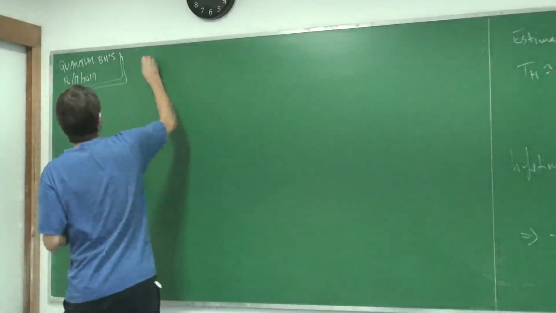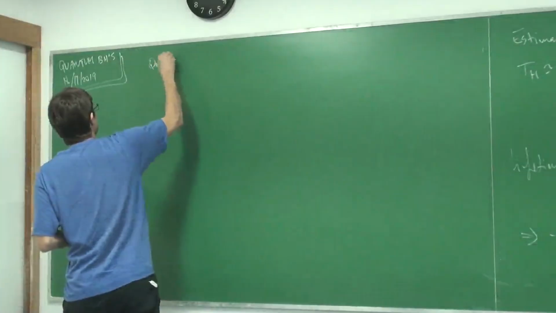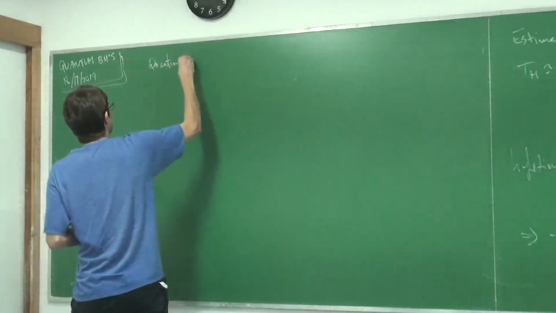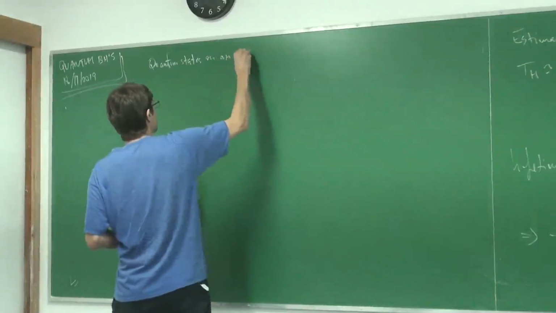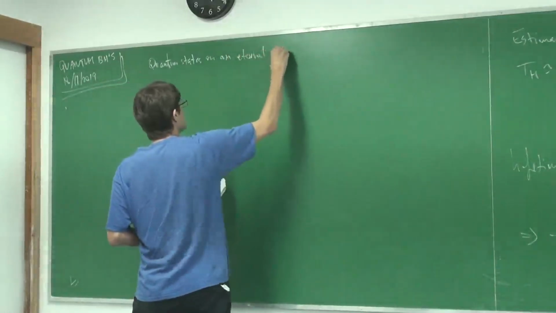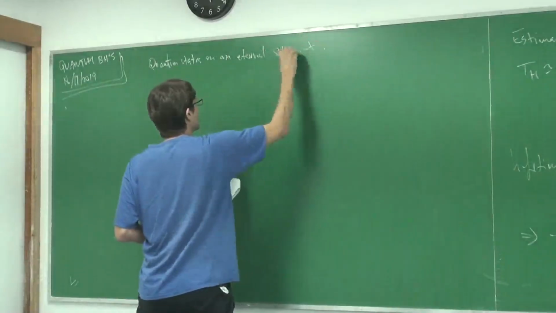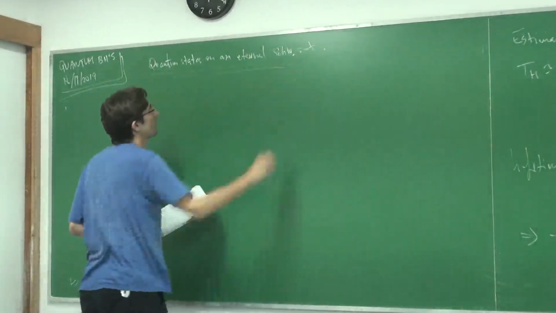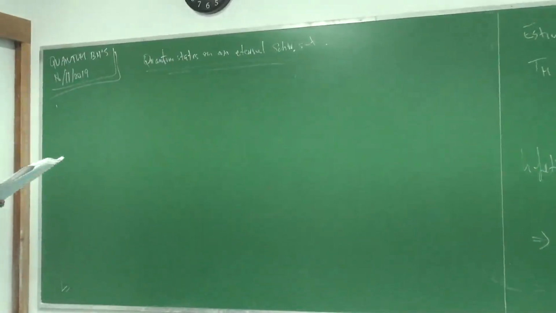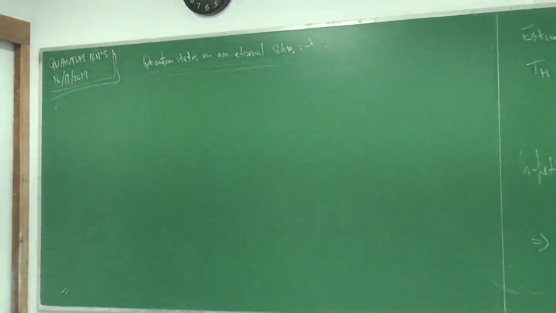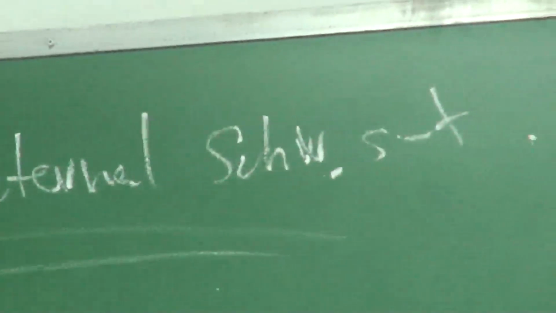So it's quantum states in eternal Schwarzschild spacetime. We did already, I went through the whole derivation of the maximal analytic extension of Schwarzschild spacetime.